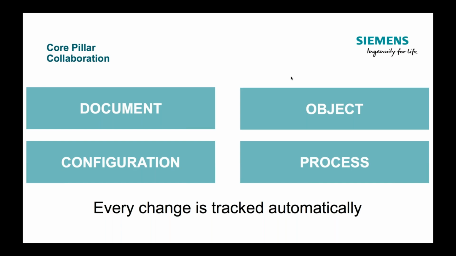Every change, anytime when you click Save button, it is tracked automatically and saved inside the history, because Polarian underneath has SVN as a file storage, and SVN will create a new revision for every save operation. And this also gives you possibility to revert your changes, and you can restore some data if it is deleted by user.